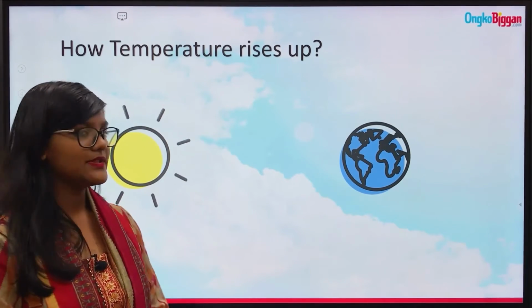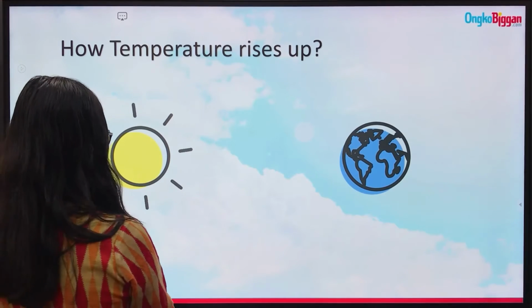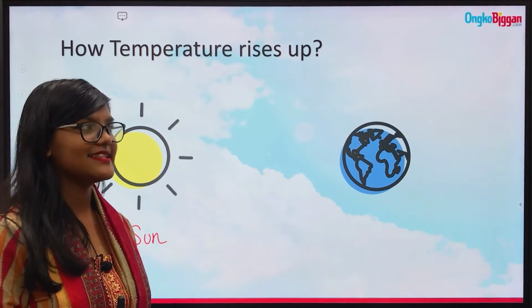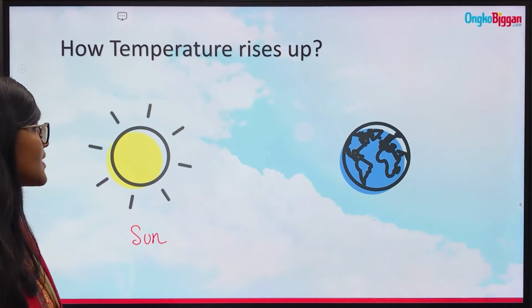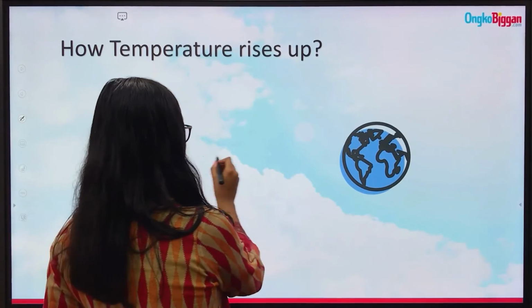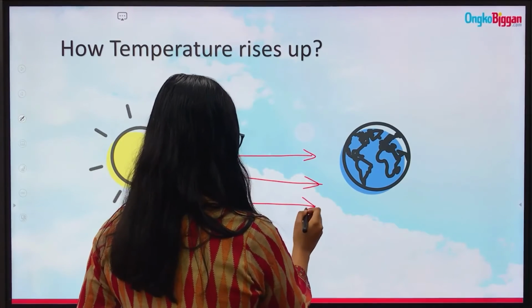So we all know that the sun is the source of light and heat energy. That means sun is the ultimate source from which all types of light and heat energy are absorbed in the earth. So basically during the daytime, sun rays directly come to the surface of the earth.